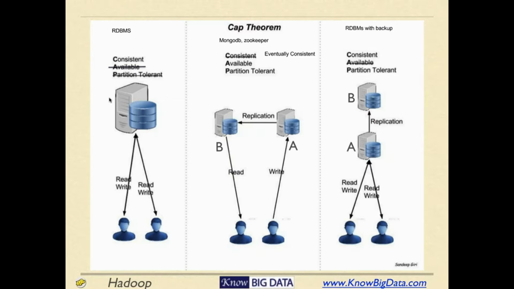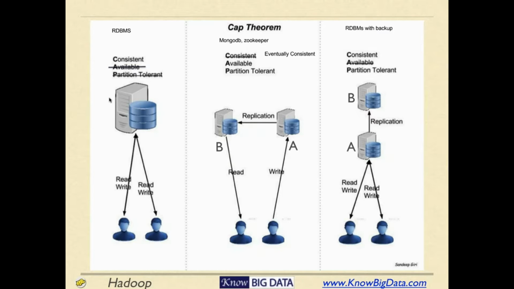Why is it partition tolerant? In case the disconnectivity happens between A and B, for some time A and B can cater to read requests. In this diagram, if there is a disconnectivity between A and B, B will not receive write requests, but A will, and if the connectivity comes back again, A will transmit all the changes it has received after the disconnectivity.